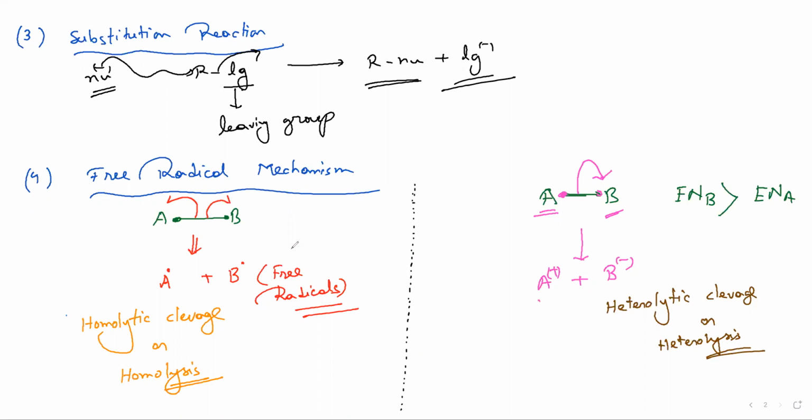Look, heterolytic cleavage, that is correct. Why? Because in that case you are separating two oppositely charged species, which have a very high attraction. Due to this separation we require more energy. In homolysis these are neutral, nothing else.